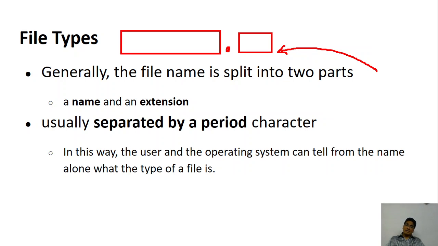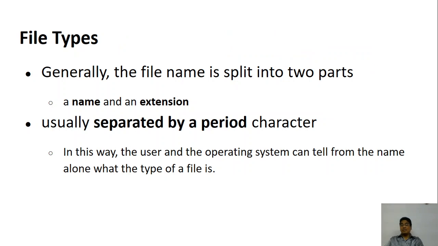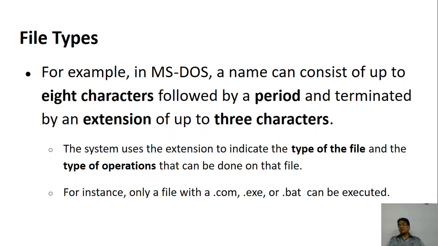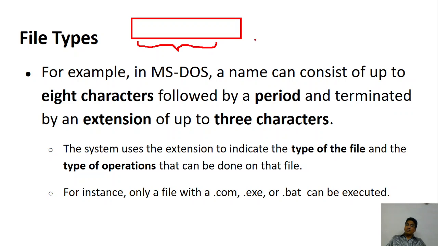Usually the extension is separated by a period so that the operating system knows what type of file it is. If you have used MS-DOS, the very old operating system, there was a restriction on the size of the file name: it could have only 8 characters, followed by a dot and a 3-letter extension.